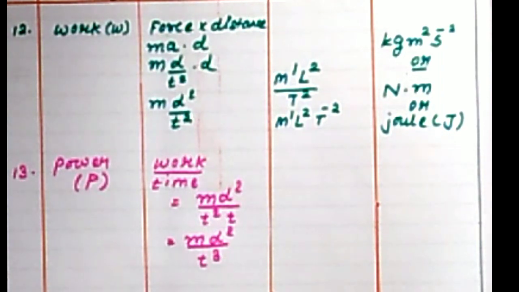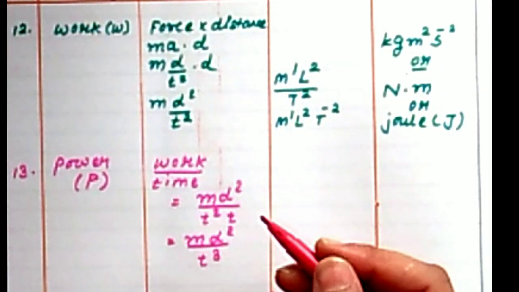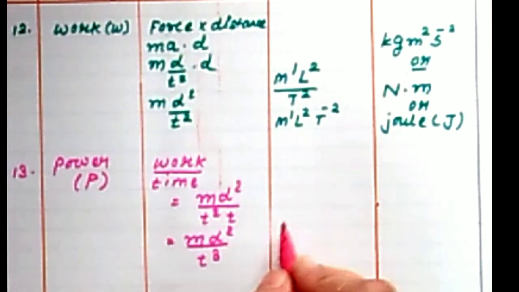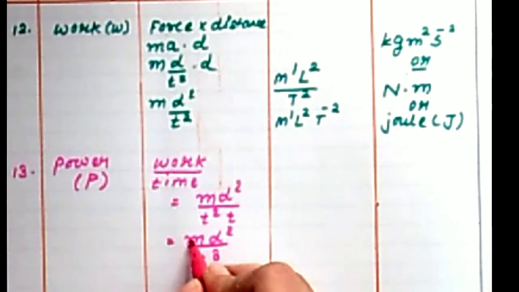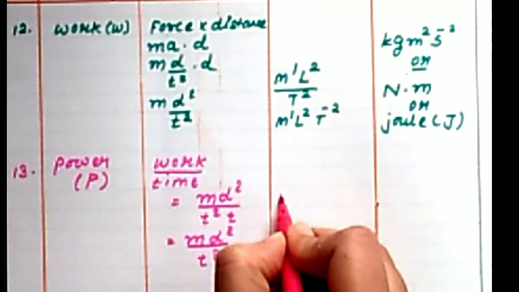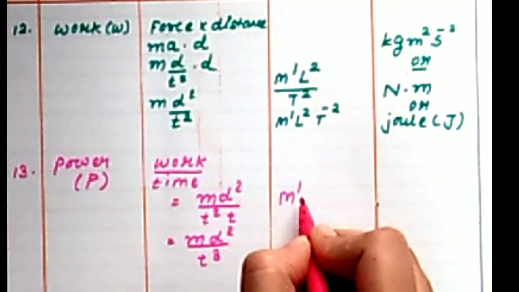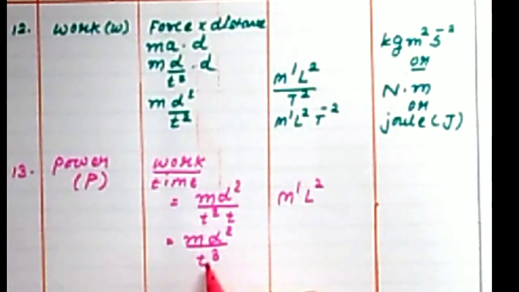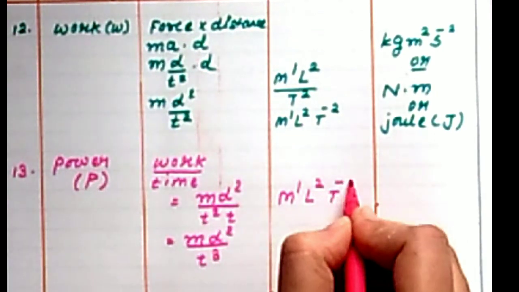Let us put the dimensional formula of each physical quantity, and students, here all physical quantities are fundamental. Now the dimensional formula of mass is M1, distance is L but here square, so we have to use L2, and time is T, here power is 3, so T -3.